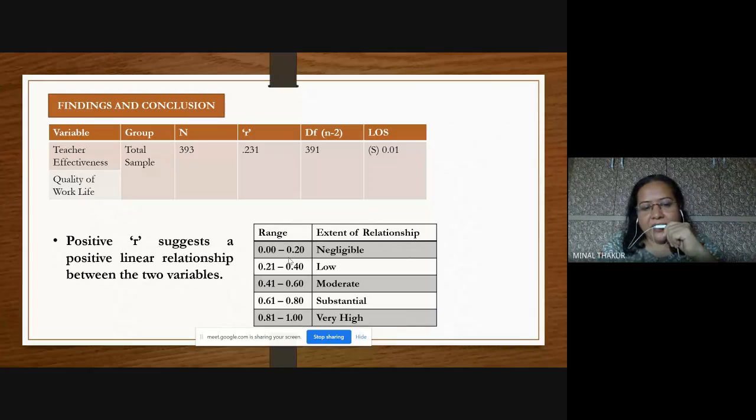The second one, 0.21 to 0.40, shows a low relationship. Then you have various other degrees of relationship, one being very high, that is 0.81 to 1, a very high relationship.